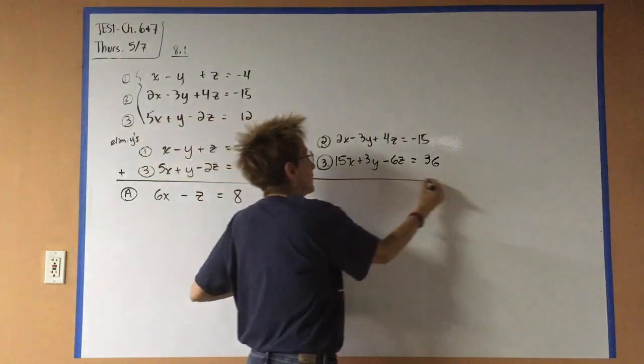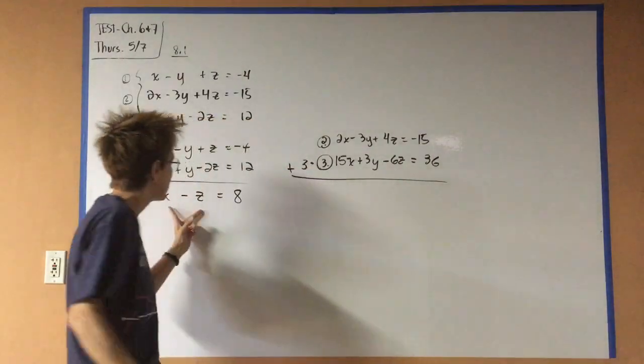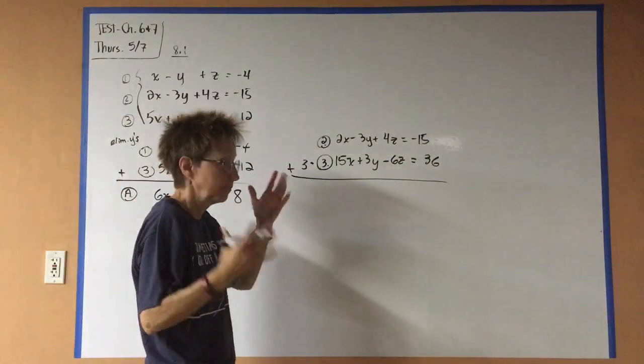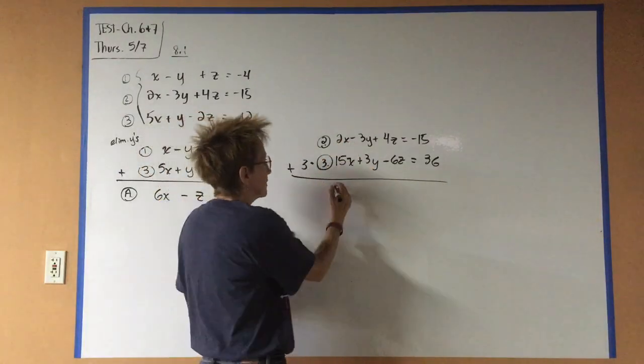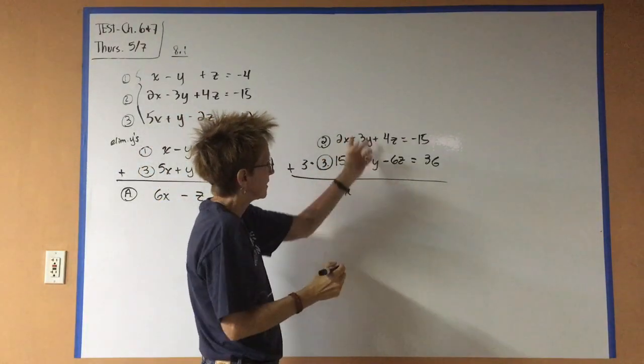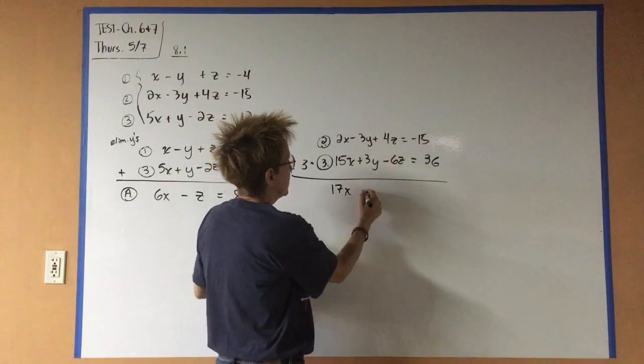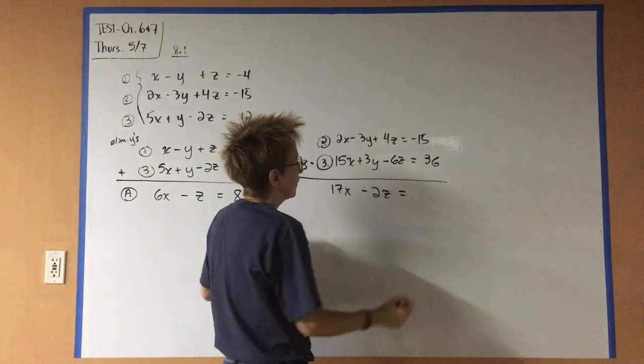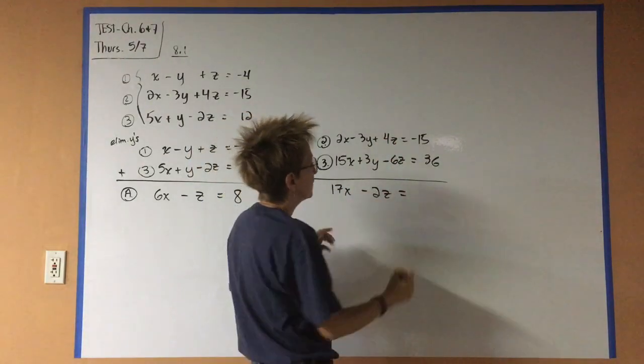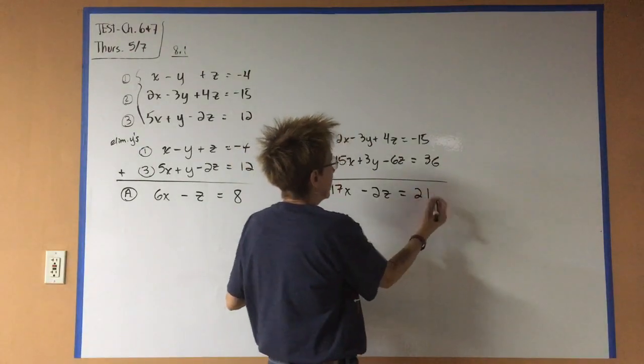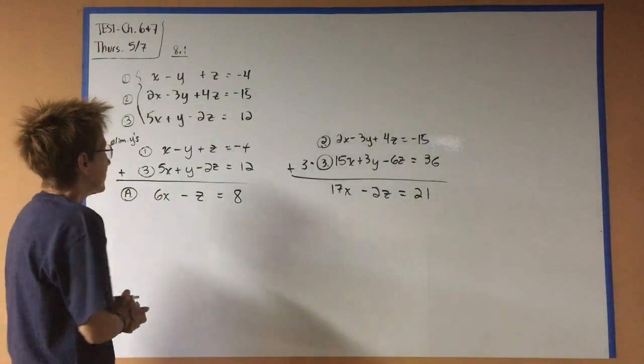Now these are ready to eliminate, and I should just get an equation that has x's and z's in it if I'm doing what I think I'm doing. This gives me 17x. The y's are gone. The z's give me a negative 2z equals, and 36 and a negative 15 is going to leave me with a positive 21.